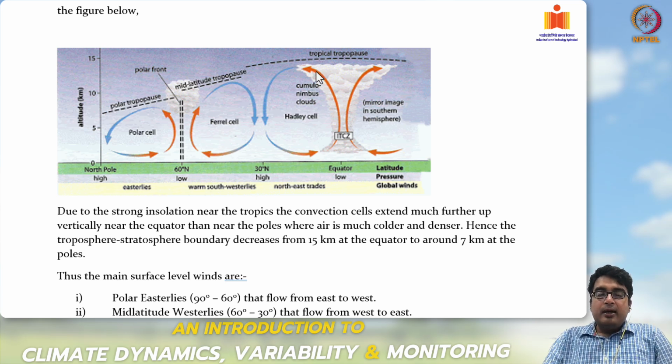Then at the top of the tropics, this wind moves towards the 30° north and 30° south latitudes, and then descends at the subtropical high pressure belt, and thereafter the winds at the surface move from the subtropics back towards the equator. The surface level branch creates the southeast and the northeast trade winds.